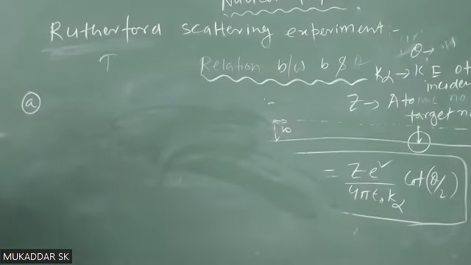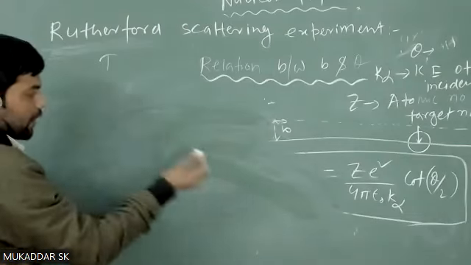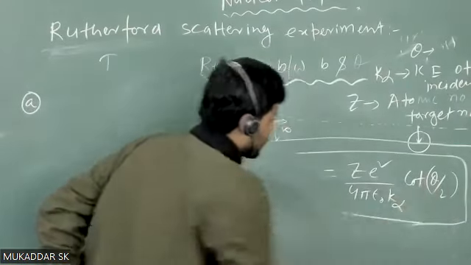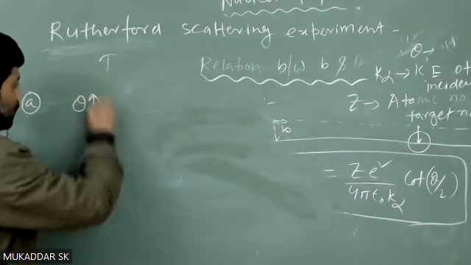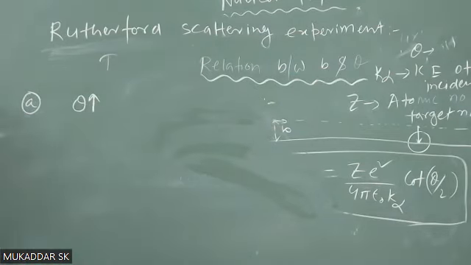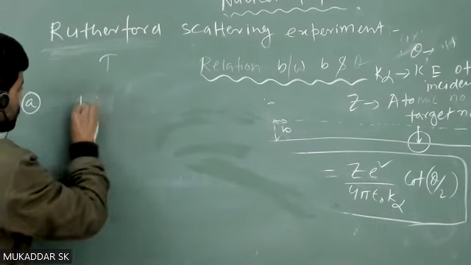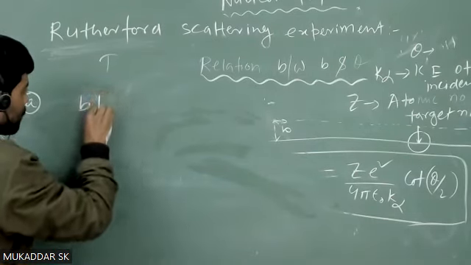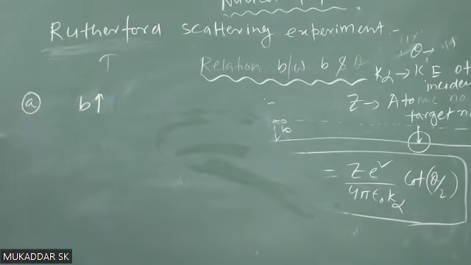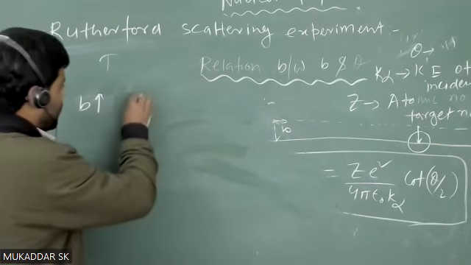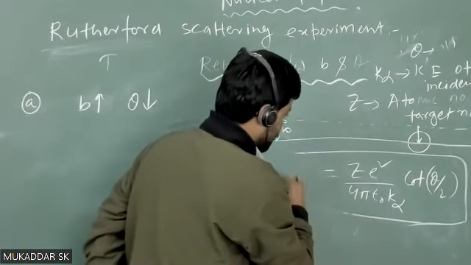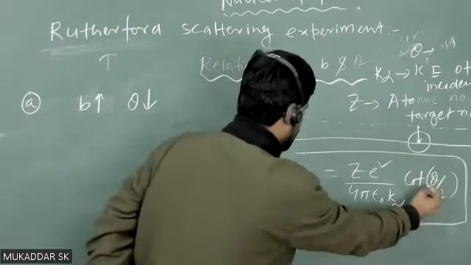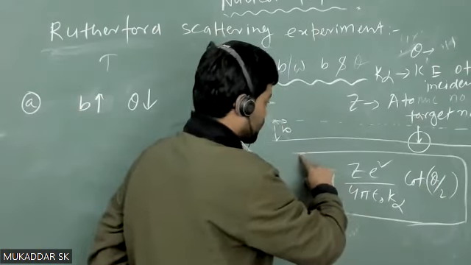We can see that impact parameter depends upon scattering angle. So tell me, if I increase the value of B, what will happen? The scattering angle will decrease. You will get this from here itself, since B depends upon cot theta by 2. Now I am saying, if B is larger, right?